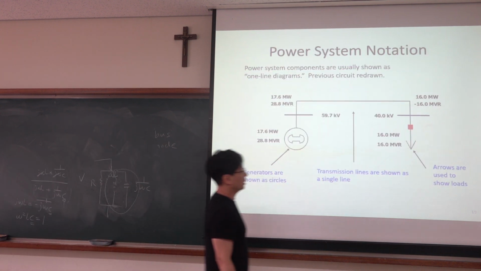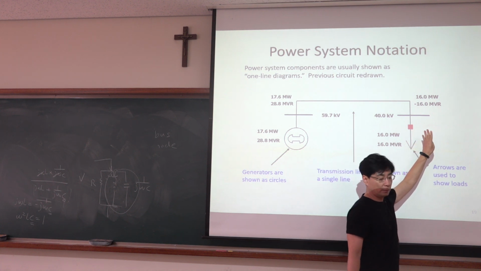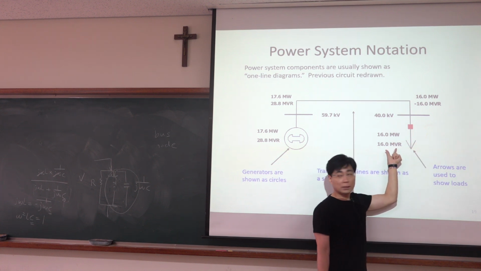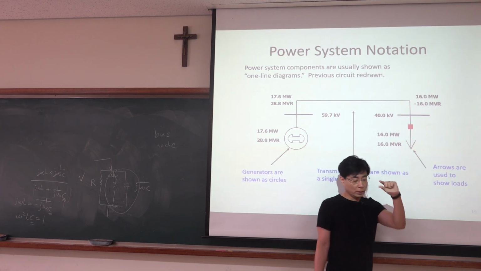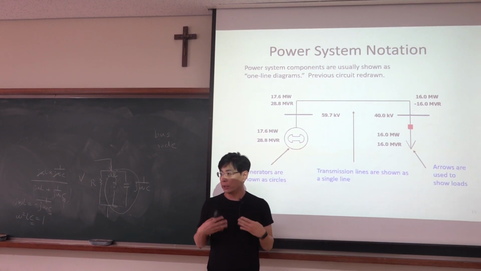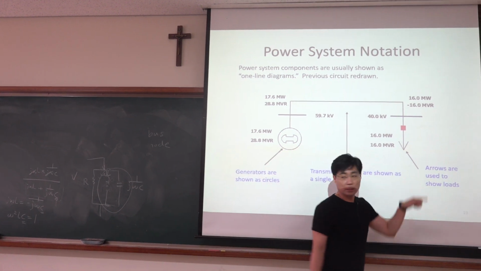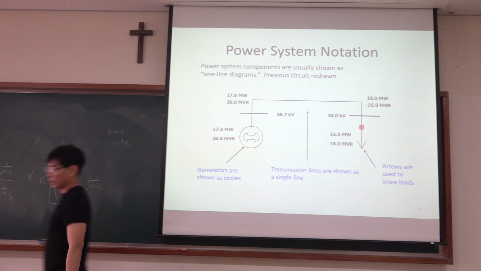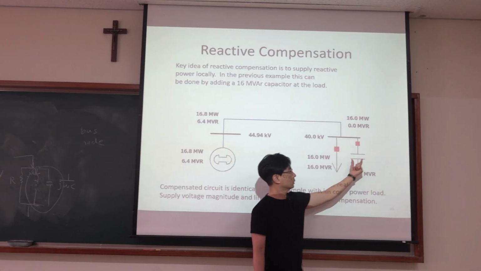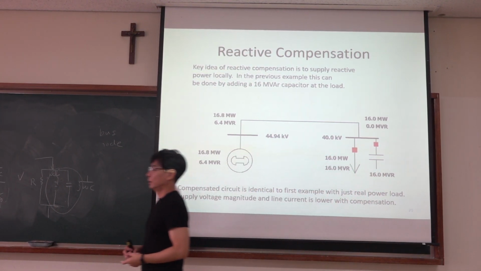But if you think this is complicated, then you can say we inject reactive power here. So this is the reactive power consumption at the coil, and then we put a capacitance that injects, or generates, reactive power of minus 16 megavar. So just put a capacitor that can supply 16 megavar reactive power.